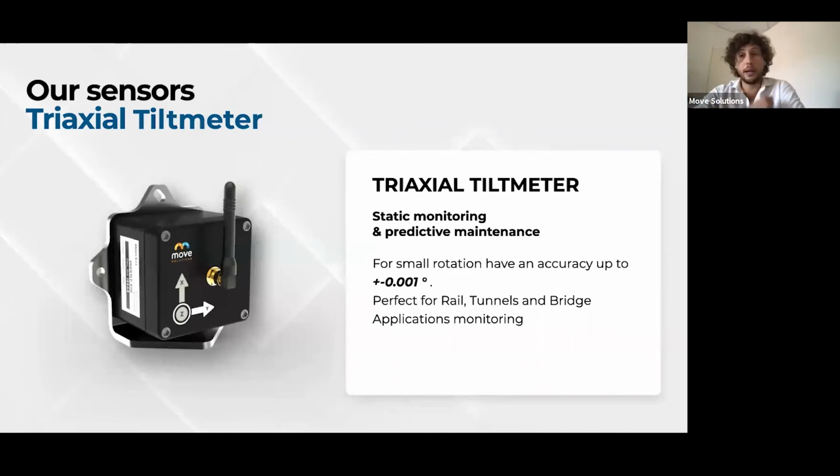It's perfect for rail, for tunnels and bridges, because on the cloud platform that we'll see in a bit, we place different tools where you can catch different kinds of analysis. You can catch different data from different fields, and you can perform static analysis.